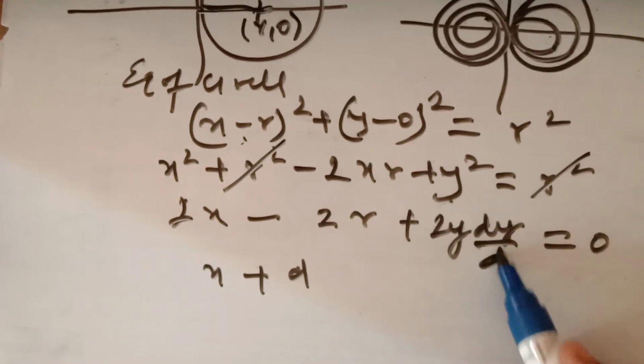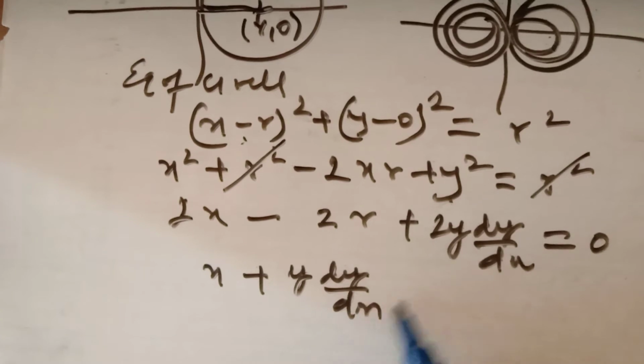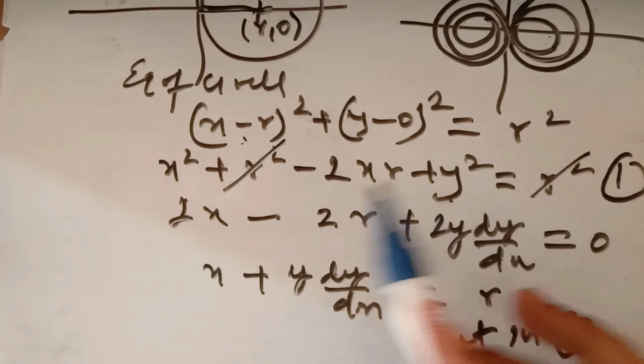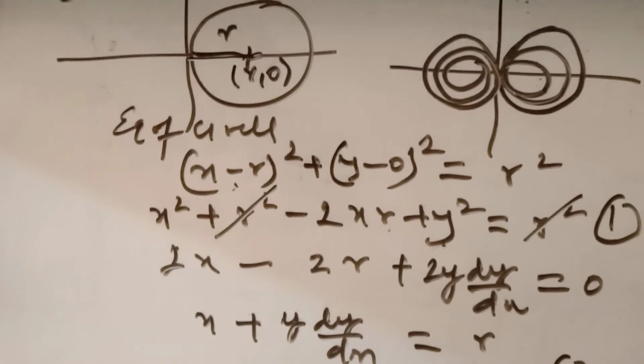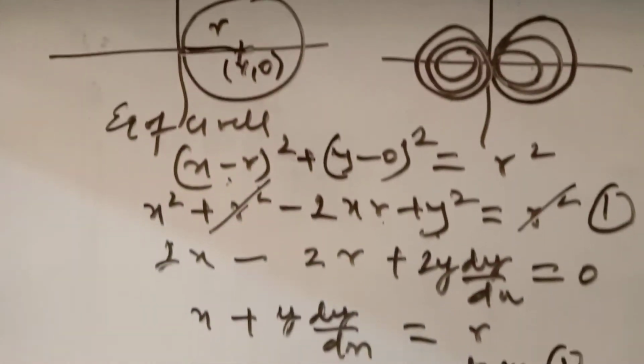The derivative of y square is 2y dy/dx. So y dy/dx is equal to r, and you can put this value of r in the first equation, and r will be eliminated. This is how you can eliminate r to form a differential equation. In this we have only one arbitrary constant, so let the radius of the circle be r.